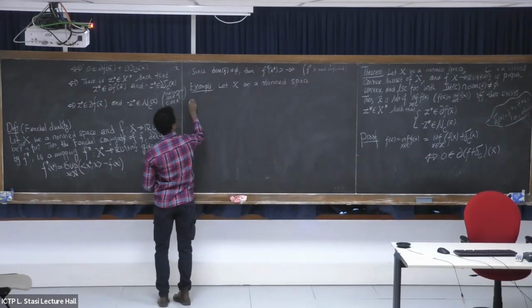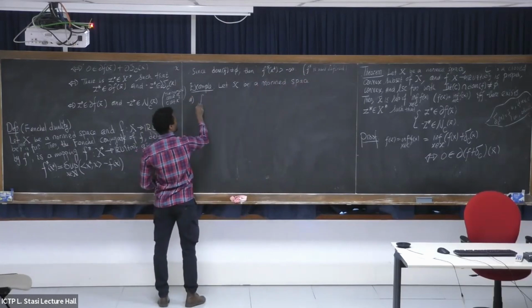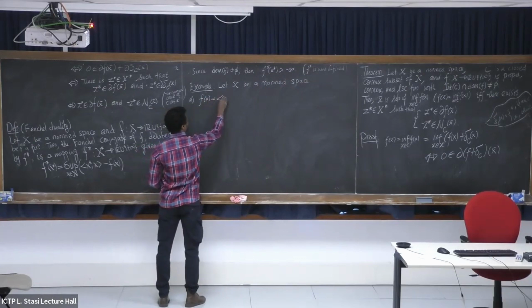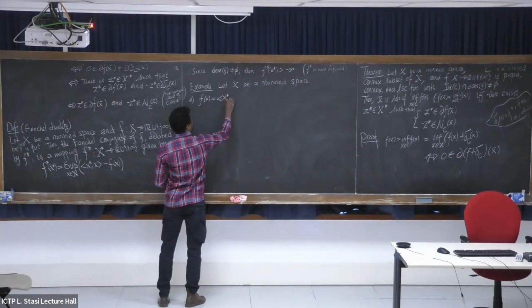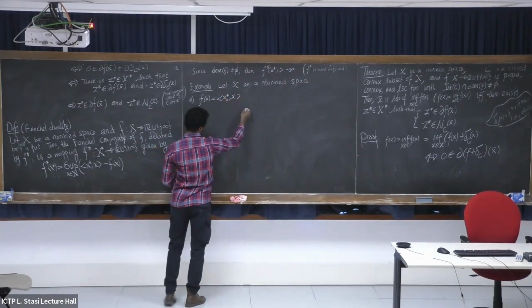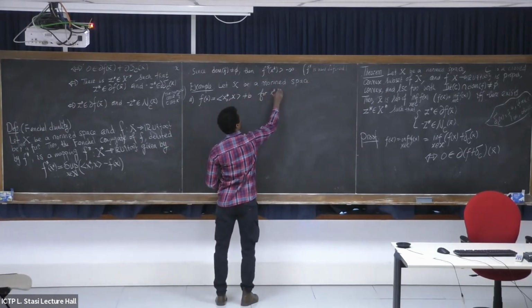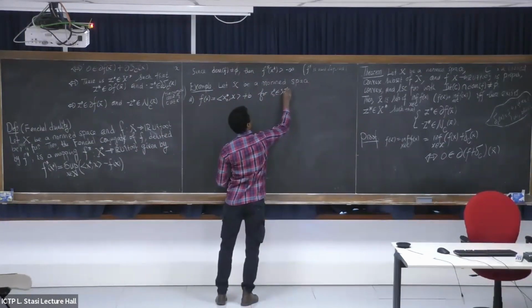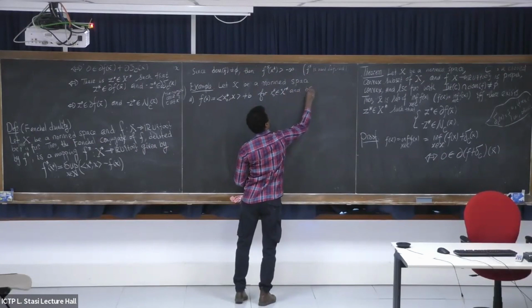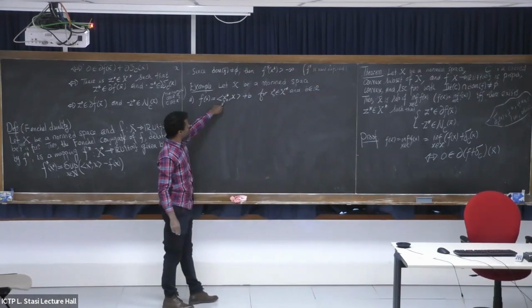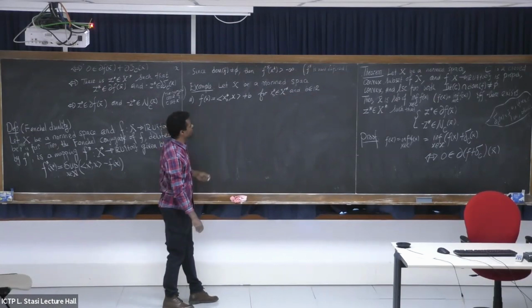So example 1, A. Let's have a function f, f of x equals x naught star of x minus b, where x naught star is an element of the dual space and b is an element of R. Since it's dual, f is really a valid function. What will be the conjugate of this function?